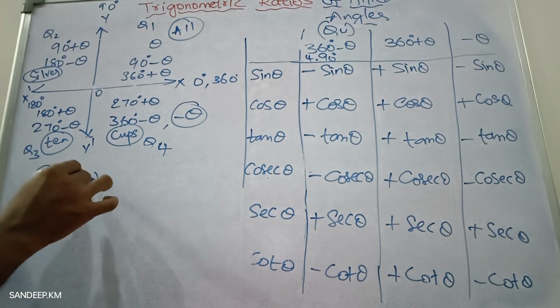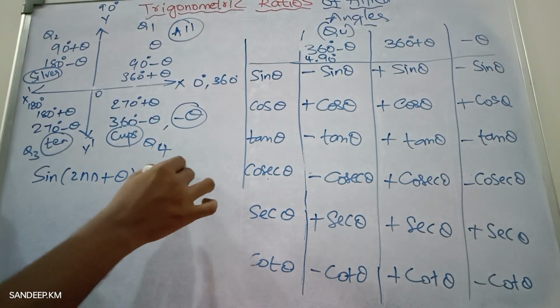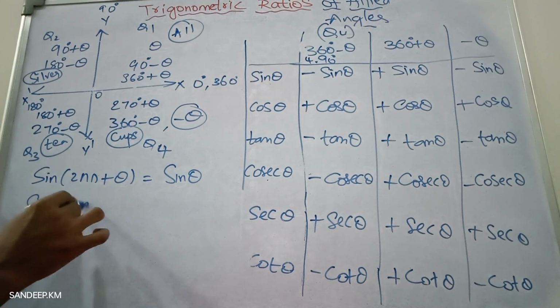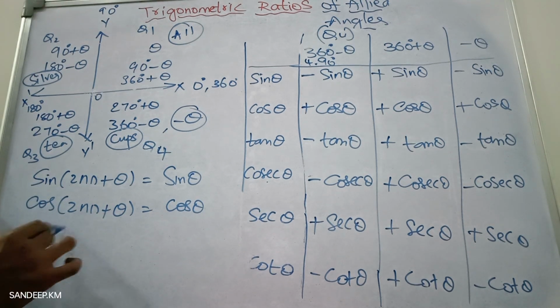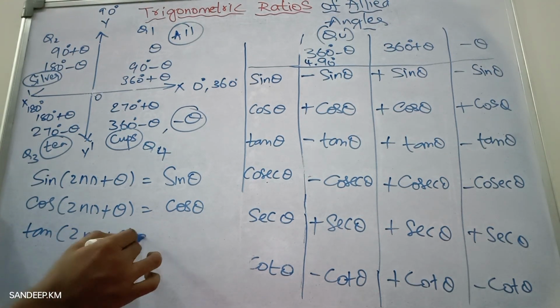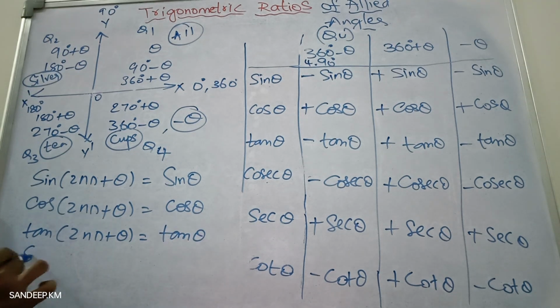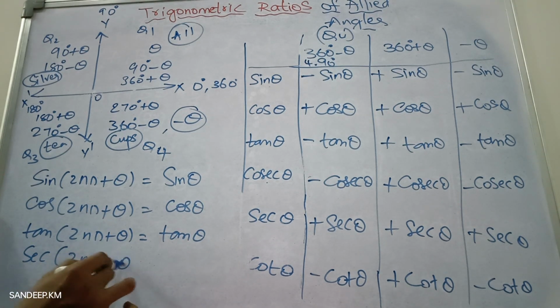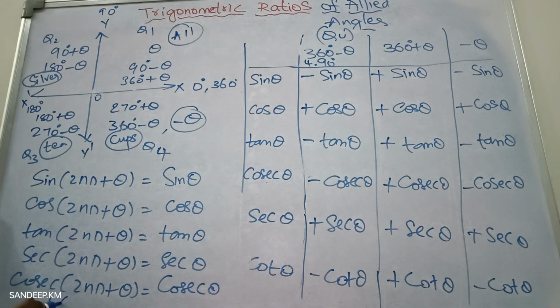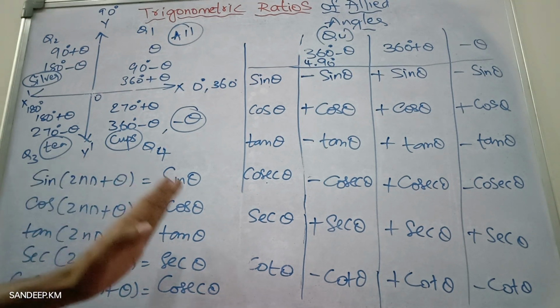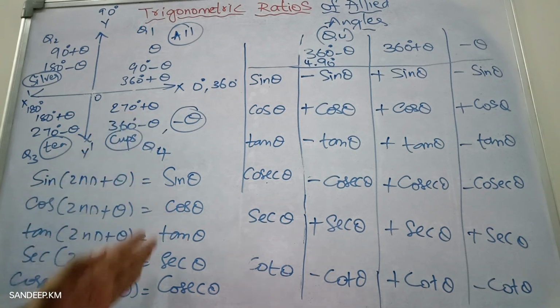Sin of 2n pi plus theta is sin theta, cos of 2n pi plus theta is cos theta, tan of 2n pi plus theta is tan theta, secant of 2n pi plus theta is sec theta, cosecant of 2n pi plus theta is cosec theta, and cot of 2n pi plus theta will be cot theta. So there is no change and even the signs remain as they are.